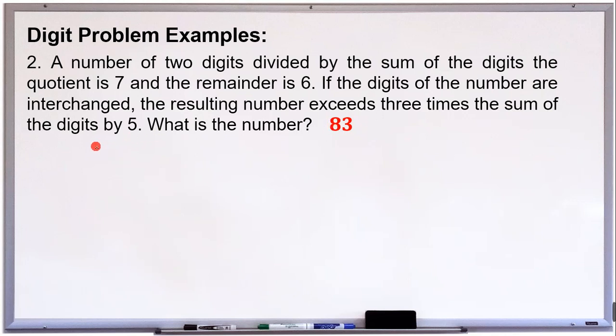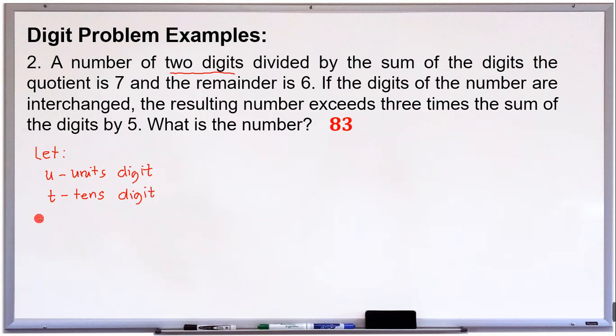Okay, so for this problem, we are going to expect a two-digit number. So we're going to let u be our units digit, or ones digit, and then we're going to let t be our tens digit.